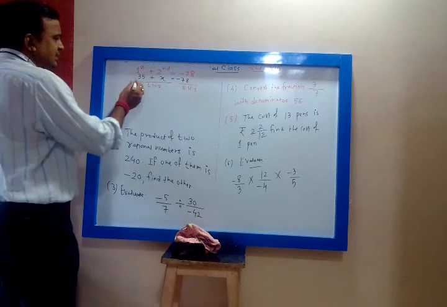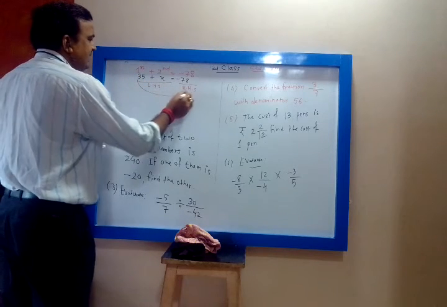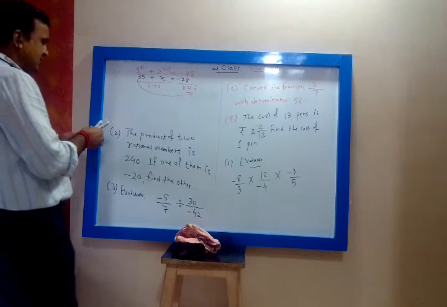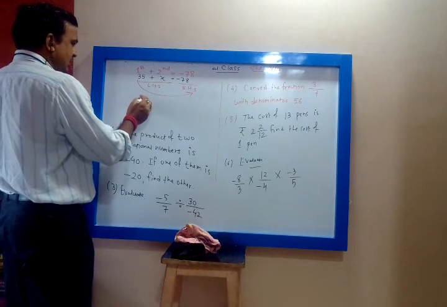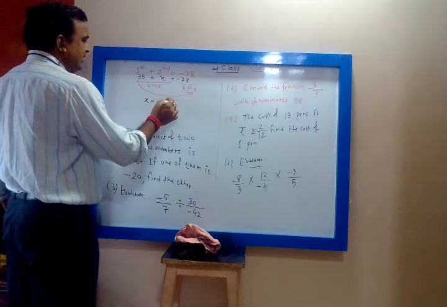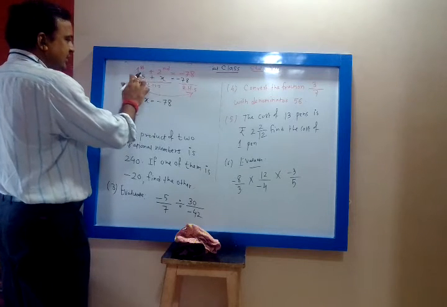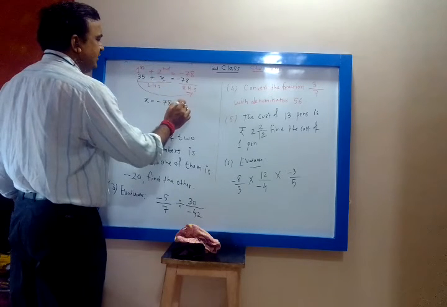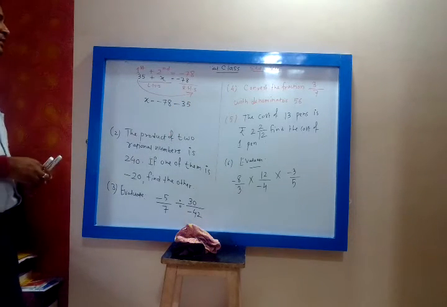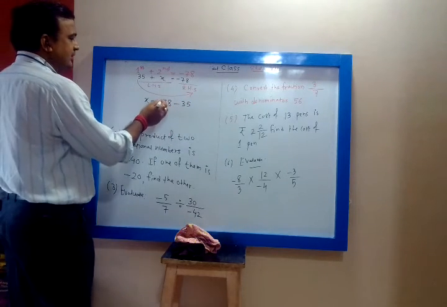So when I will take this plus 35 on the right hand side, sign will change. So x will be minus 78, minus 35.